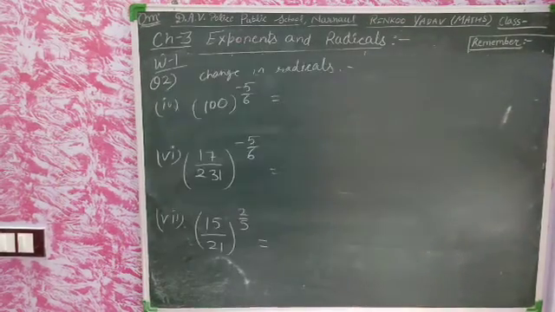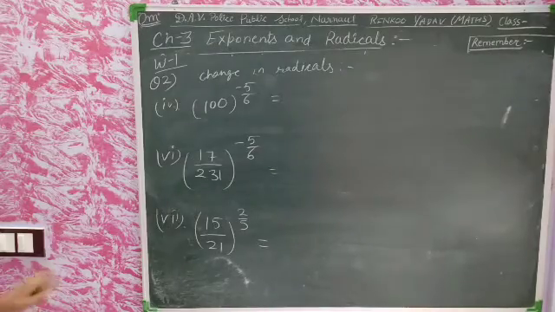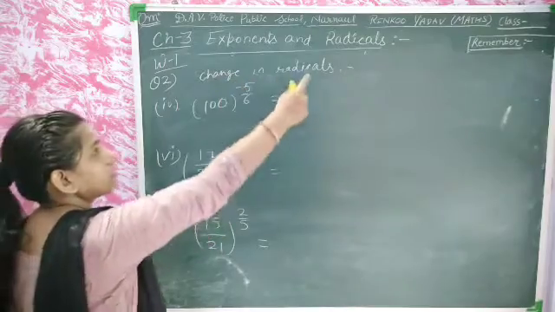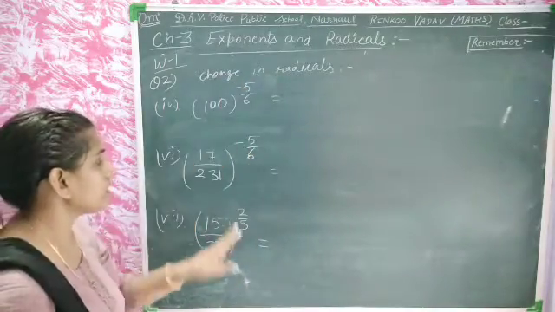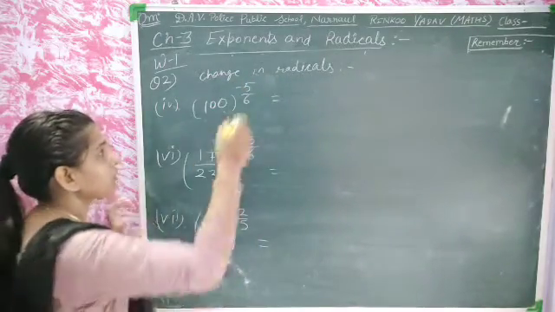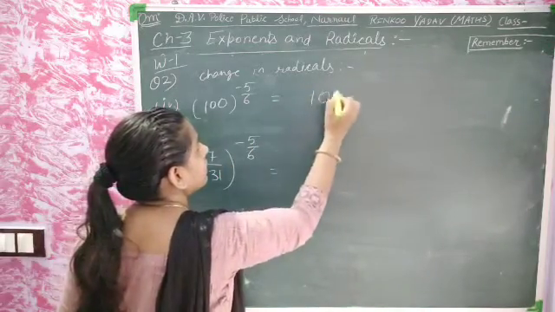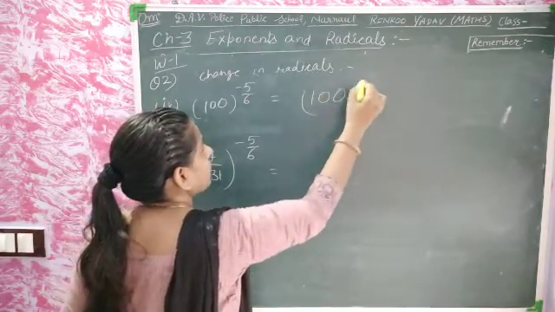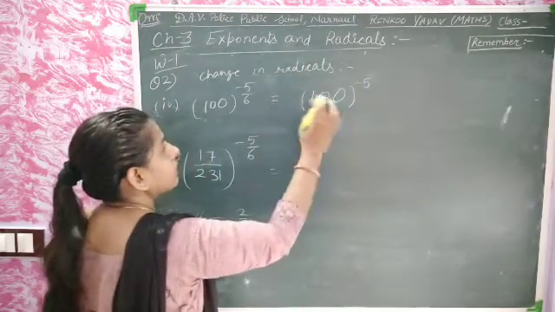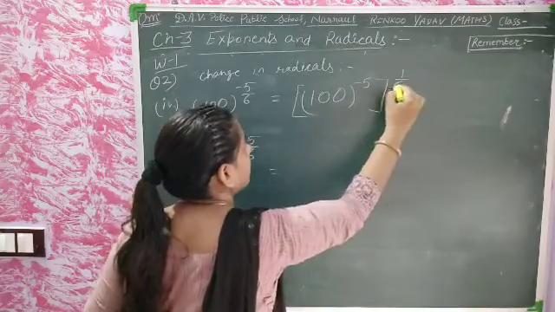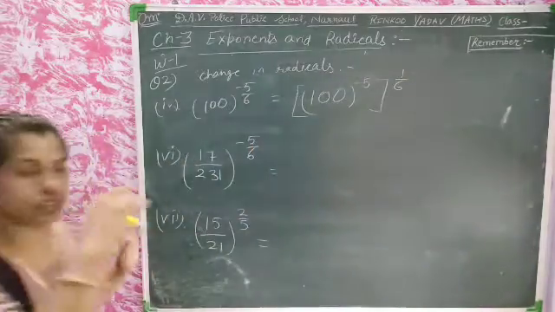Let's see. Now students, we have to change it into the radical form. Change into radicals, and these are in the exponential form because there are exponents here. So 100 to the power minus 5 is the numerator, and the power is 1 by 6. Is this clear students?